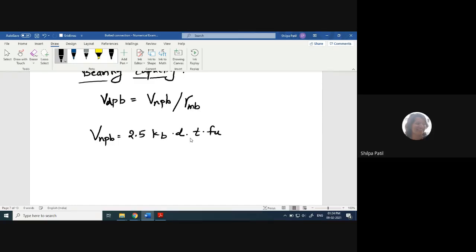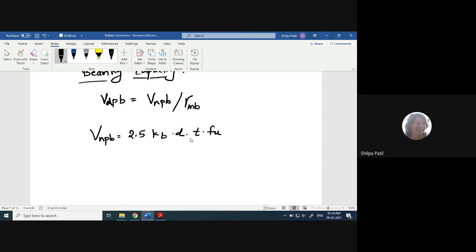All these values we already know. d is the diameter of the bolt, so the value is 16. t is the thickness of the smaller or thinner section.